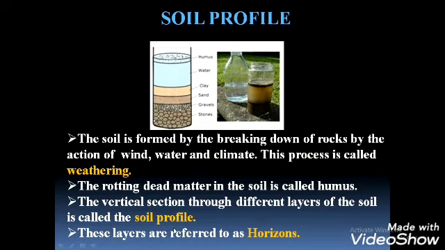Soil profile. Okay. Each layer differs in texture, color, depth and chemical composition. These layers are referred to as horizons. There are different layers.